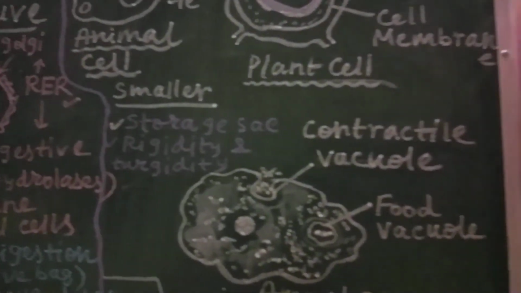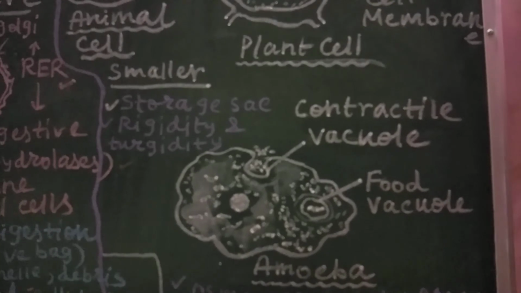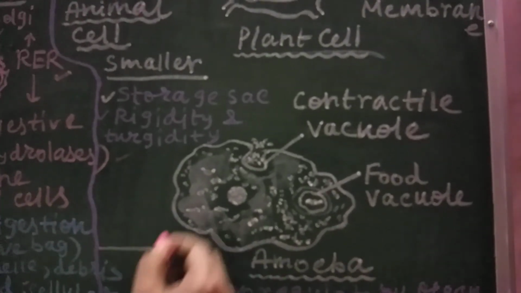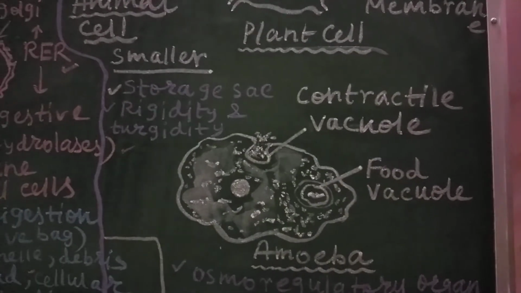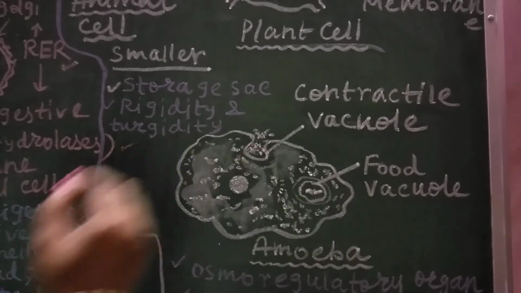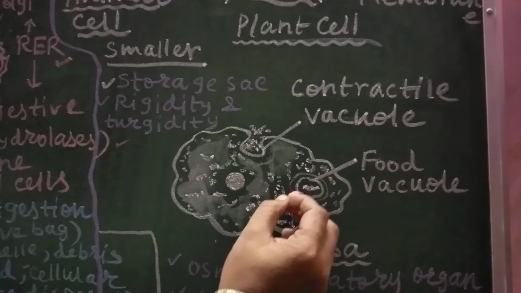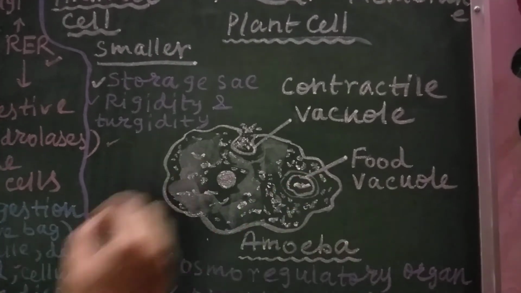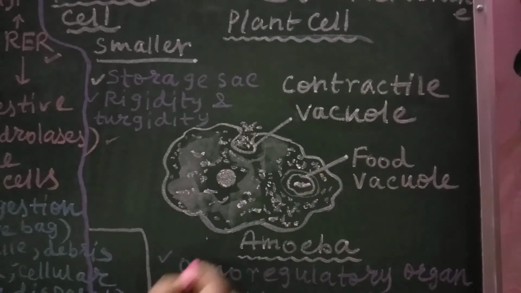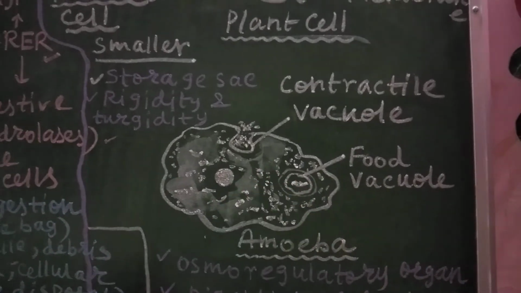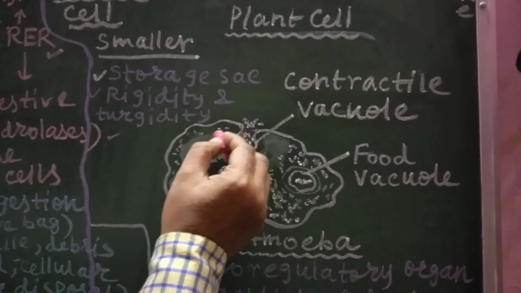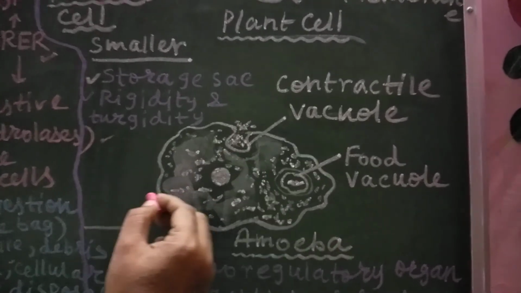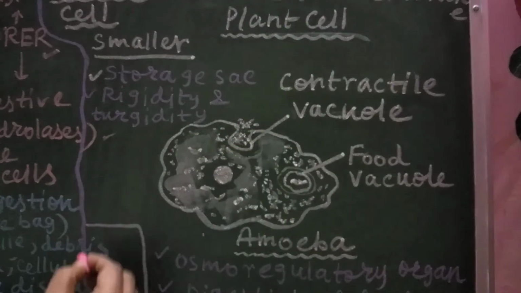In amoeba, protozoa or other unicellular organisms, two more types of vacuoles are present: food vacuole and contractile vacuole. Food vacuoles are formed inside the cell after entrapping and engulfing a food material, and they help in the digestion process. These vacuoles also help unicellular animals release excretory materials.